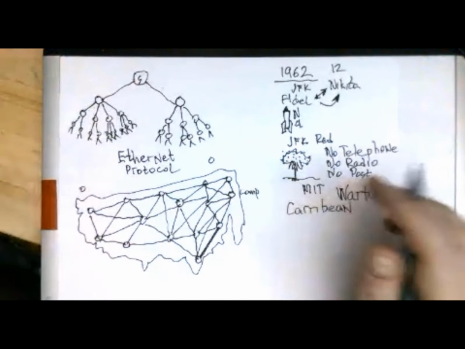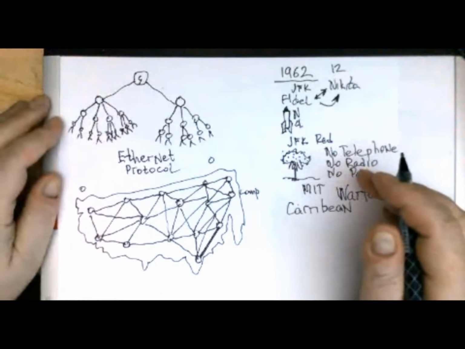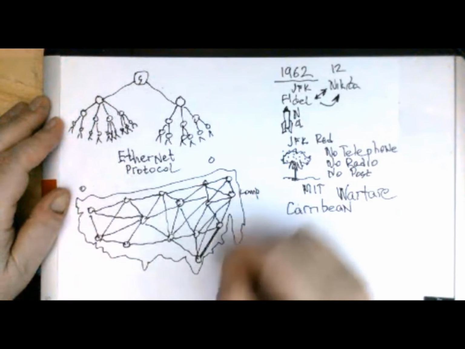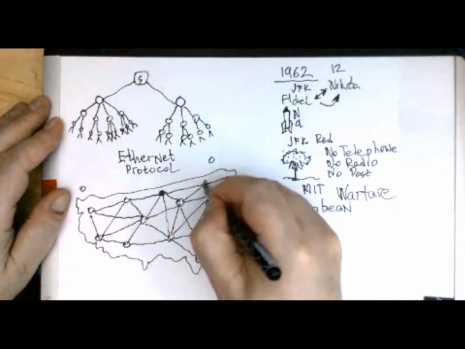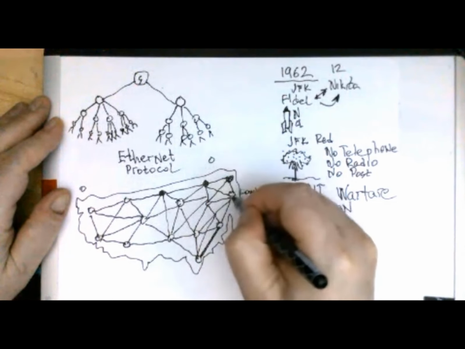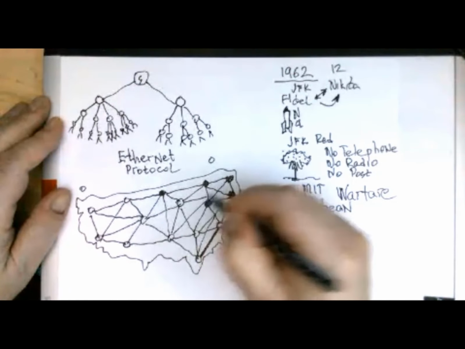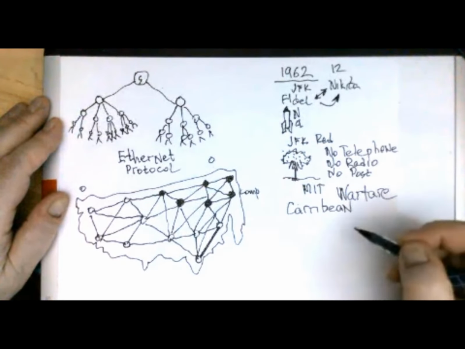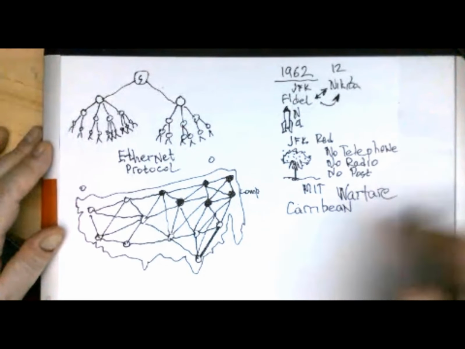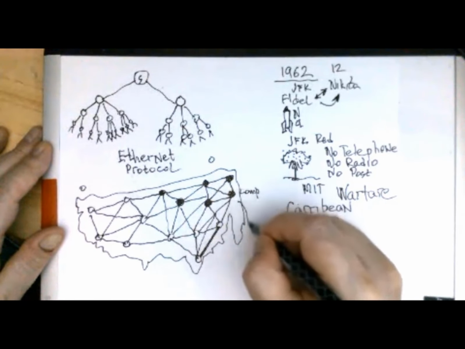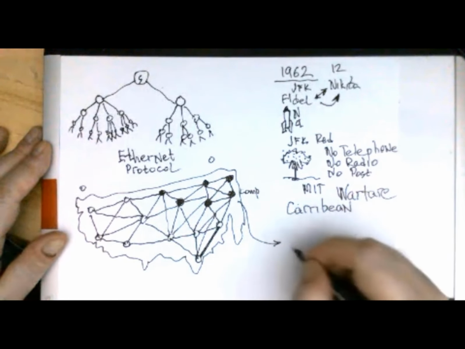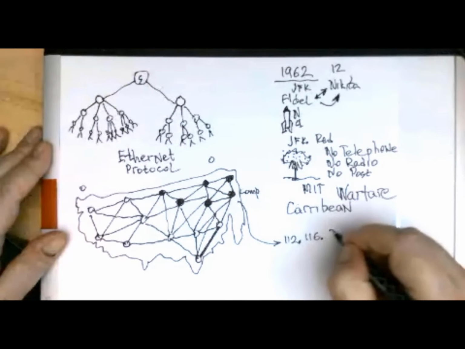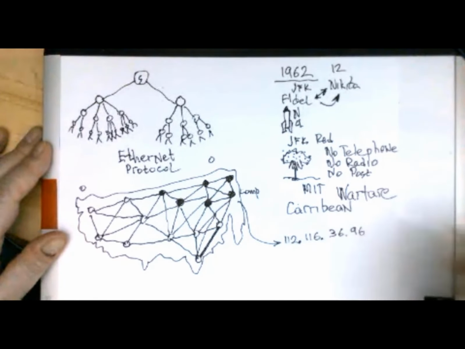Now, consider that this network is already created. But how can we identify the points that are connected to the network? The idea is to give every computer center sitting underground on this network a unique number. Unique number. It's like a telephone number, like 112, 116, 32, 96.